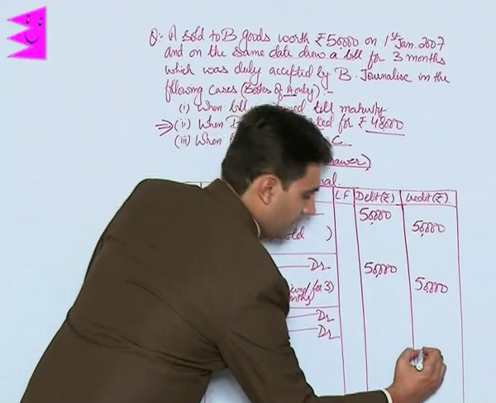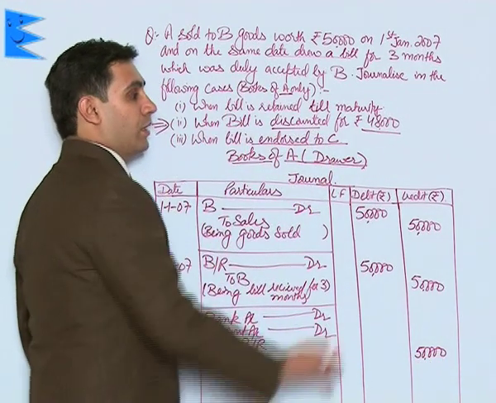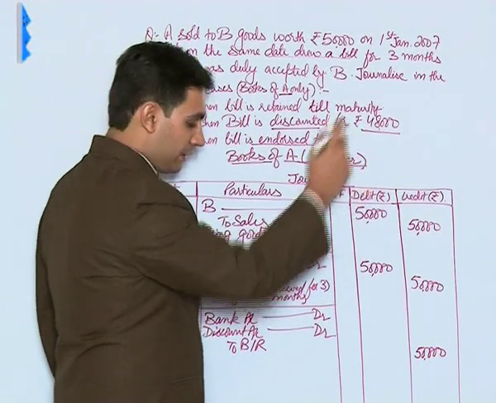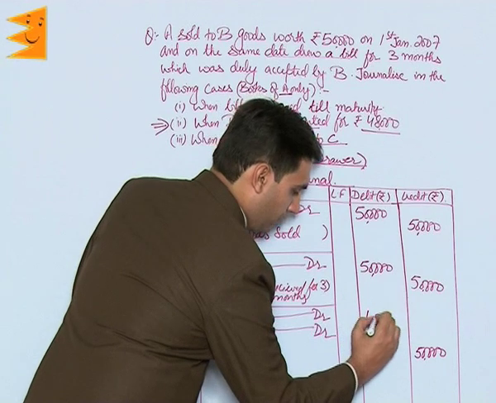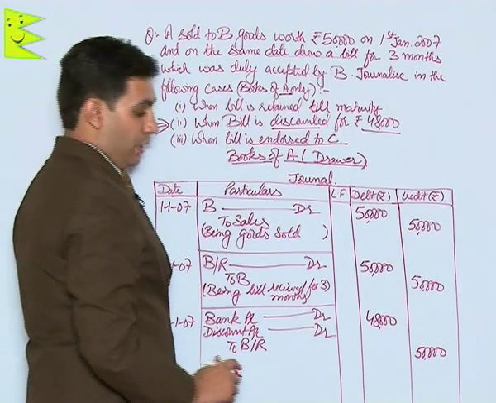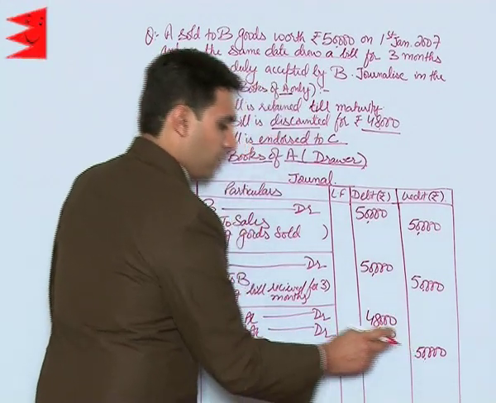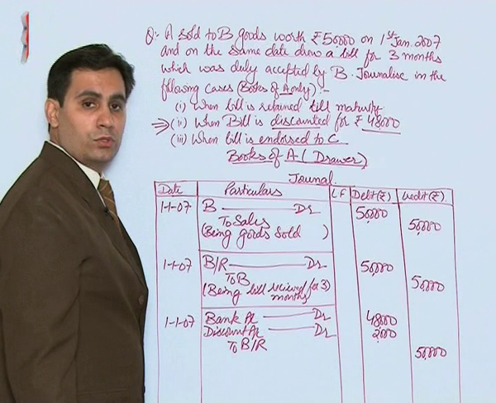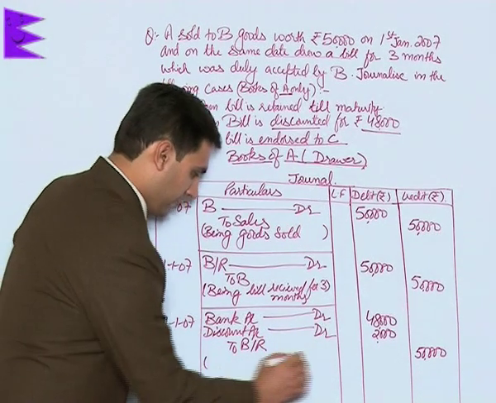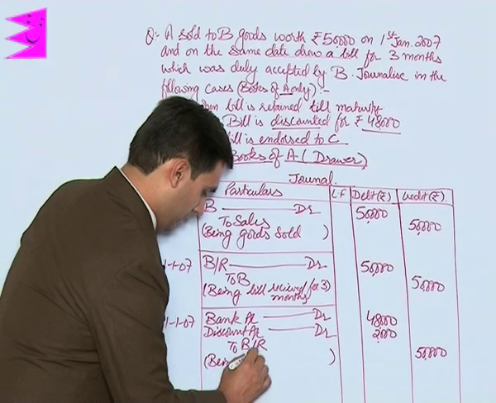The amount for bill receivable would be 50,000. It was discounted for 48,000. So in bank, the amount would be recorded as 48,000. And it is clearly seen that the discount is worth rupees 2,000. So the narration in this case would be being bill discounted.